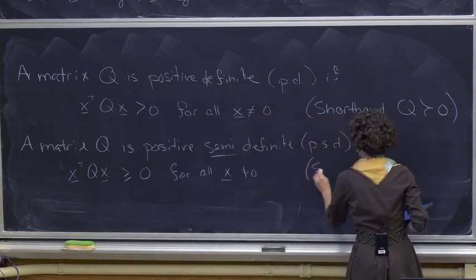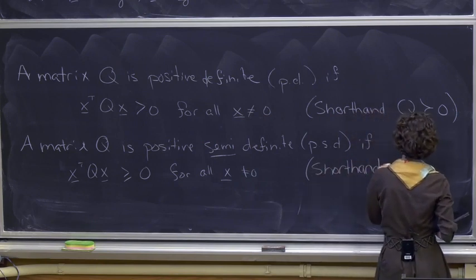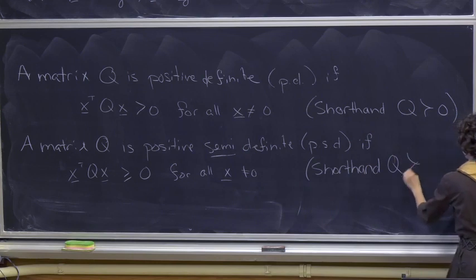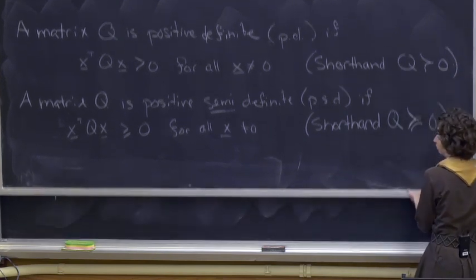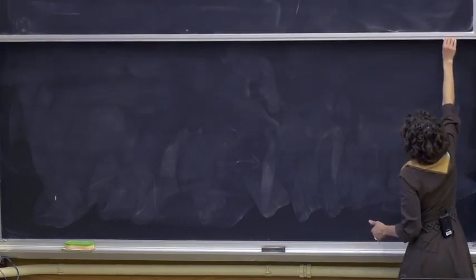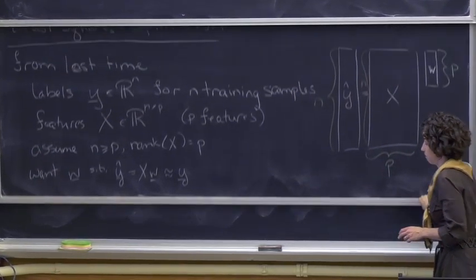And here, the shorthand is Q curly greater than or equal to 0. Okay, so what I want to do is think about what this means and why we care about it. And we're going to see how relevant it is in two different ways.